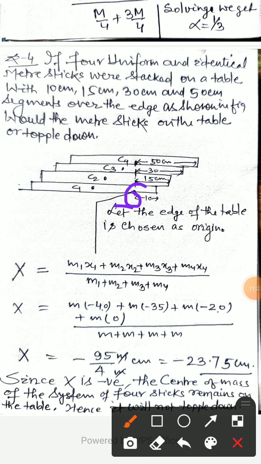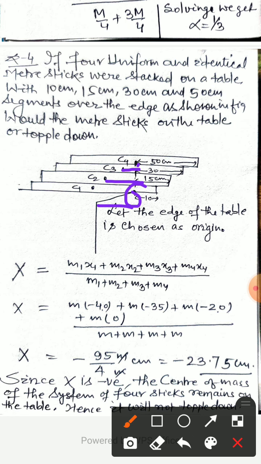Then C1 will be at a distance 40 centimeter as 10 centimeter is outside. Similarly, C2 will be at a distance 35 centimeter as 15 centimeter is outside. C3 will be at a distance 20 centimeter as 30 centimeter is outside. C4 will be at 0 as 50 centimeter is outside. So we get the distances of the center of mass from the origin.